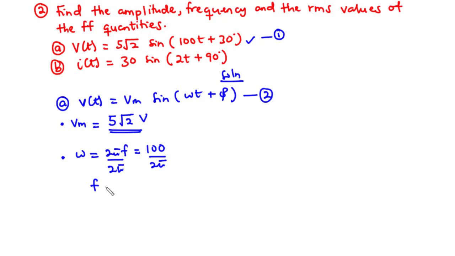Therefore, f is equal to, 2 goes here once, 2 goes here 50 times. Therefore, we have f equals 50 divided by pi, and that is equal to 15.92 Hz. So this is the value of the frequency.